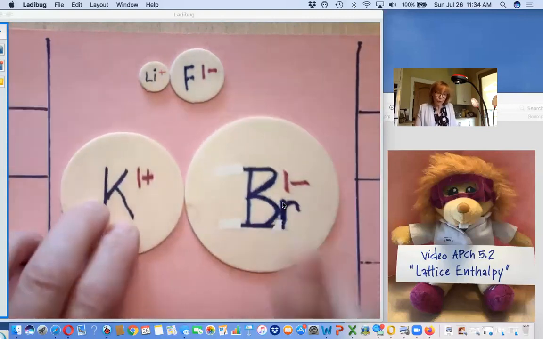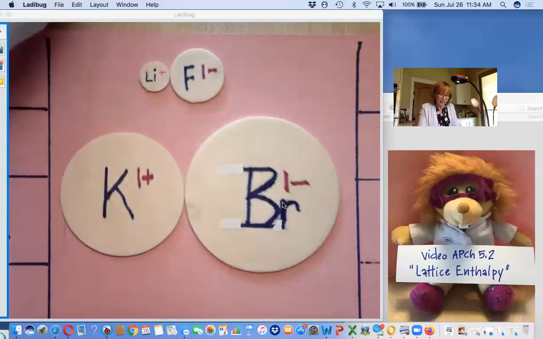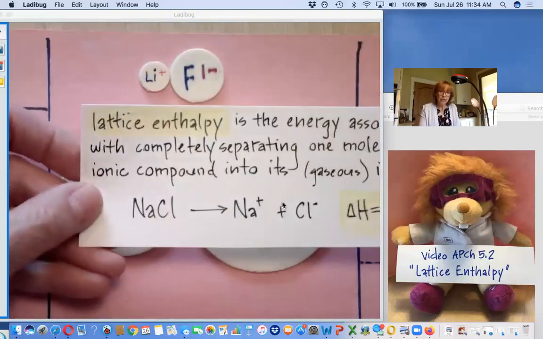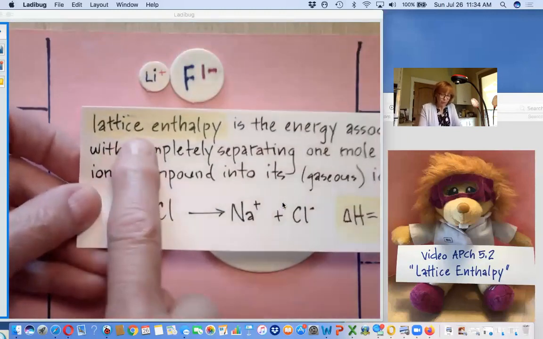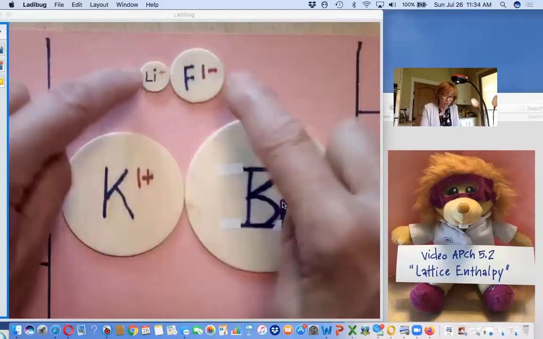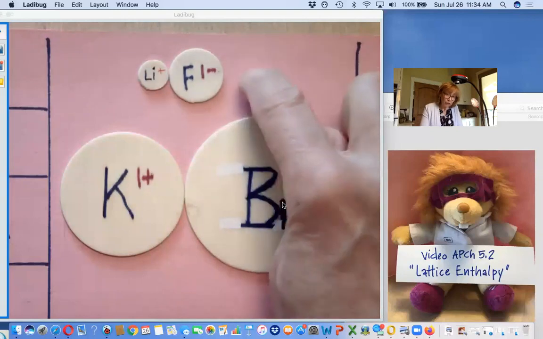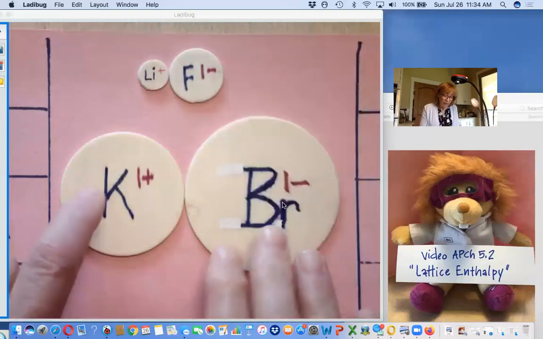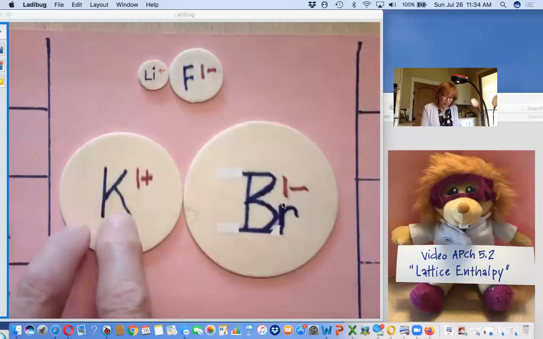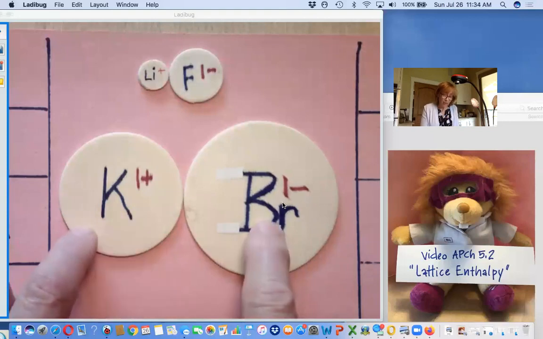So can you predict whether the lattice enthalpy, the energy needed to break up a mole of these ionic bonds, is greater than the lattice enthalpy needed to break up a mole of potassium bromide?